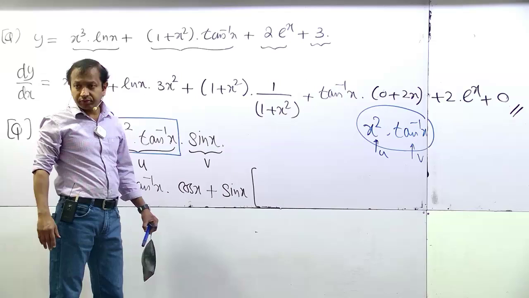Minus sin x, right? Then plus what? cos x we have to write and the derivative of x. What is the derivative of x? 1, right.